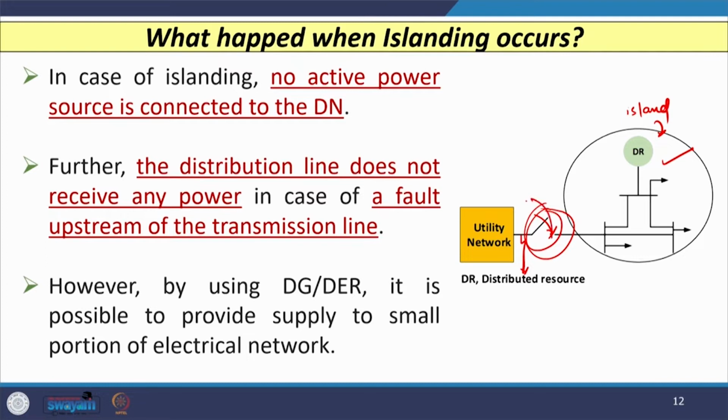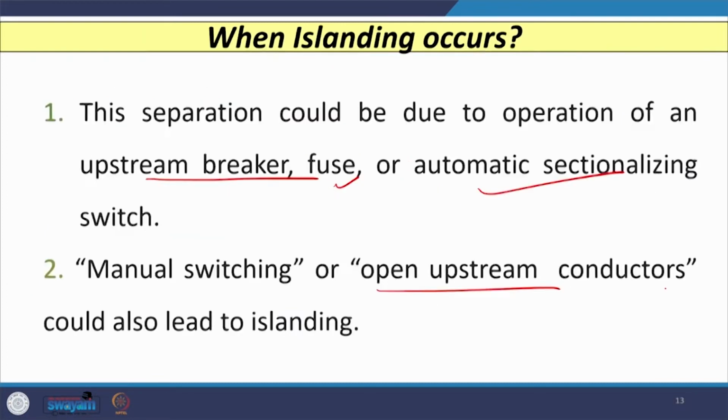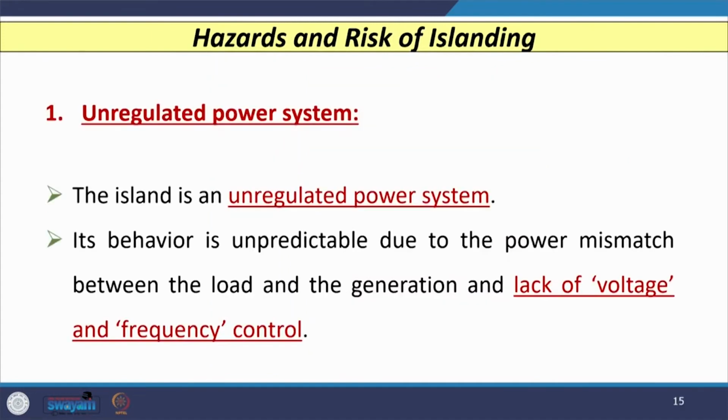However, because of opening of this, because of formation of an island, this system acts as an unregulated power system. Its behavior is unpredictable due to mismatch in the generation and the load, and because of the lack of voltage and frequency control. Whenever an island is formed, normally at the point of common coupling with the DG or DER, no voltage controlled or frequency controlled provision exists.